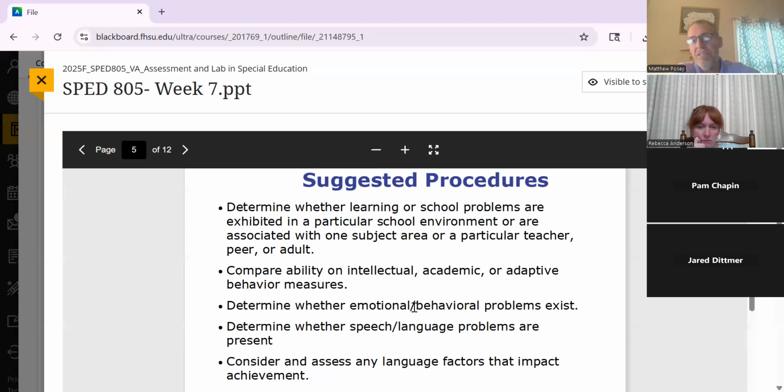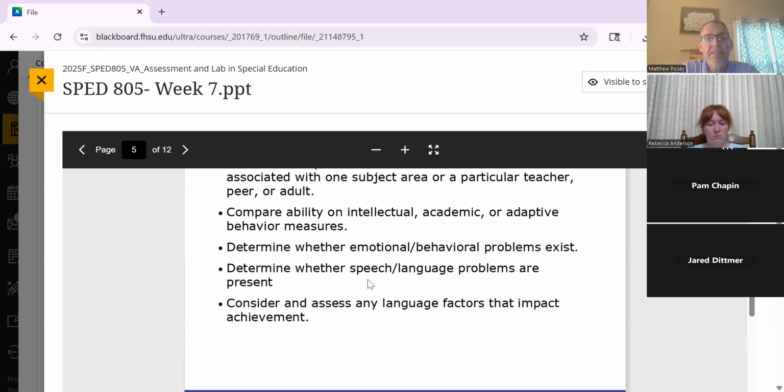Okay, that is a label that goes with that student for a long period of time. But again, the category under IDEA that you have to go by is very vague. So I challenge you sometime after class tonight or this week to look at that, and see what the criteria is for that. We also want to consider whether they have speech or language problems.